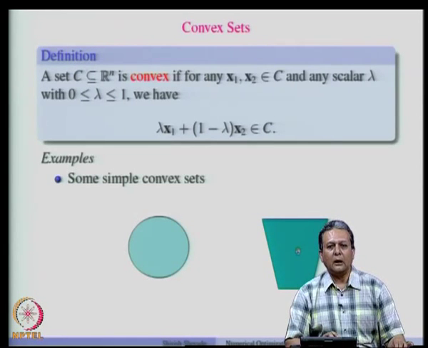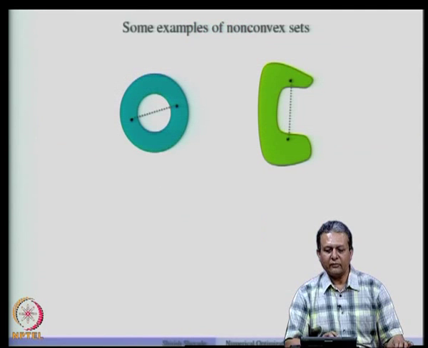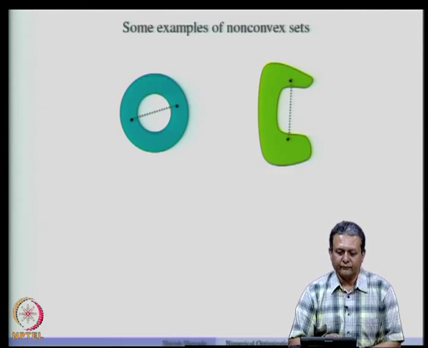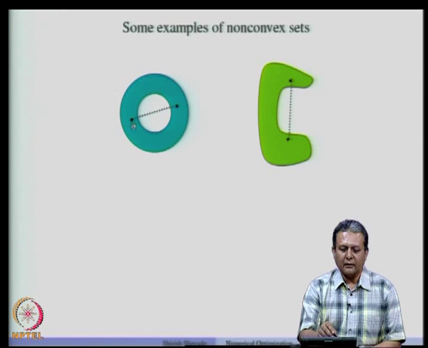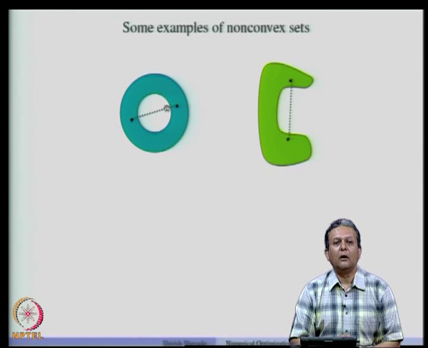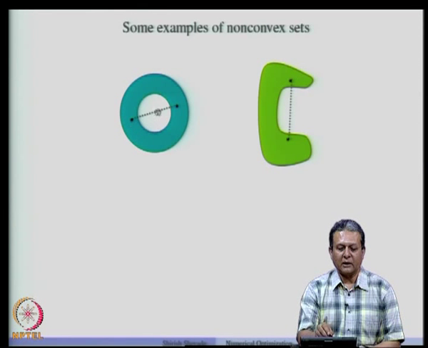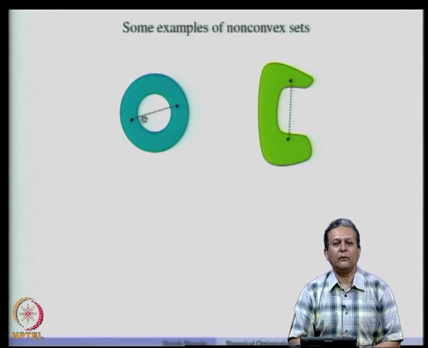Now, let us see some examples of non-convex sets. On the left side you will see that if I take this point and this point, the line segment joining these 2 points does not entirely lie within the set, although some part of it lies, but the entire line segment should lie within the set.